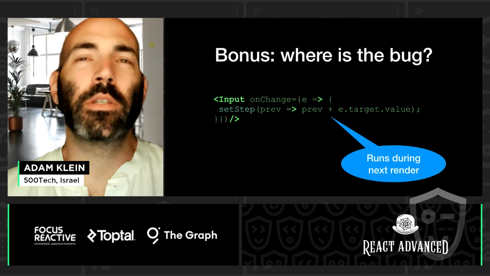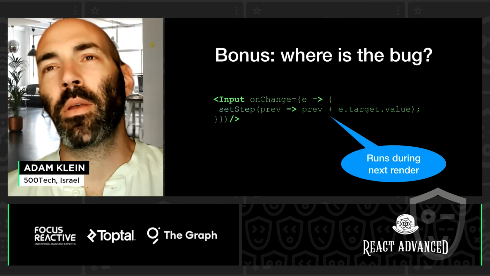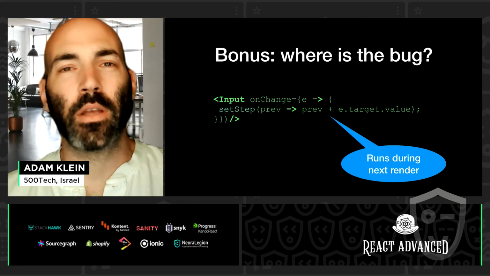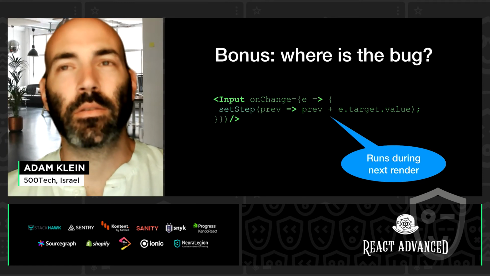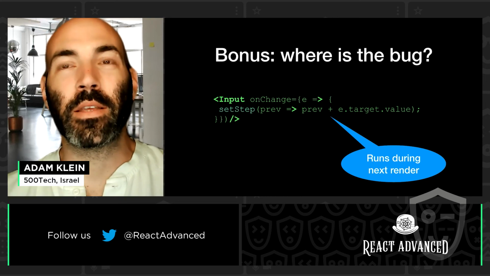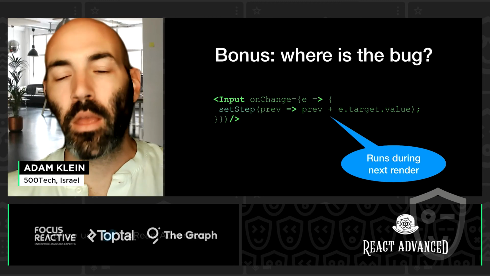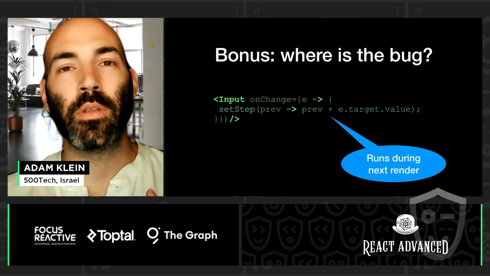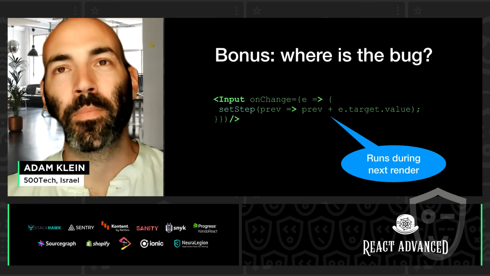The problem with this code, again, in previous React versions, is that we are using e, which is an event, and React recycles the events, which means that, and now we know that this updater function will only run during the next re-render, React already could have reused the synthetic event that is used inside the event handler.